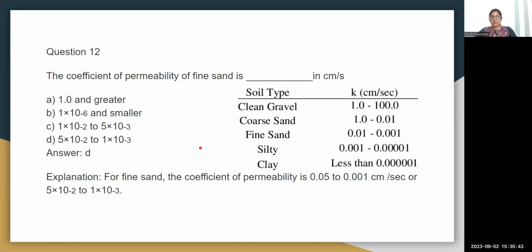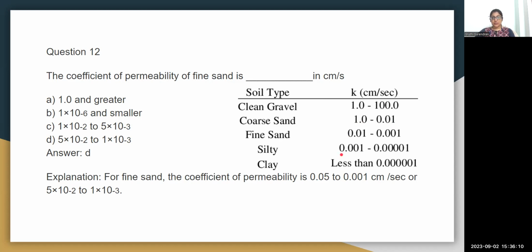These are the coefficients of permeability in centimeter per second for various soil types. Gravel has the highest hydraulic conductivity, which is 1 to 100 centimeter per second. Coarse sand, 0.01 to 1. Fine sand, it is 0.01 to 0.001.